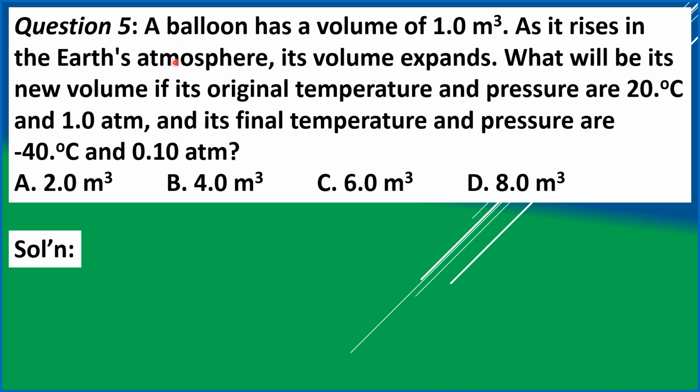This is the last question, question number 5. A balloon has a volume of 1.0 meter cube. As it rises in the Earth's atmosphere, its volume expands. What will be its new volume if its original temperature and pressure are 20 degrees Celsius and 1.0 atmosphere, and its final temperature and pressure are negative 40 degrees Celsius and 0.10 atmosphere?